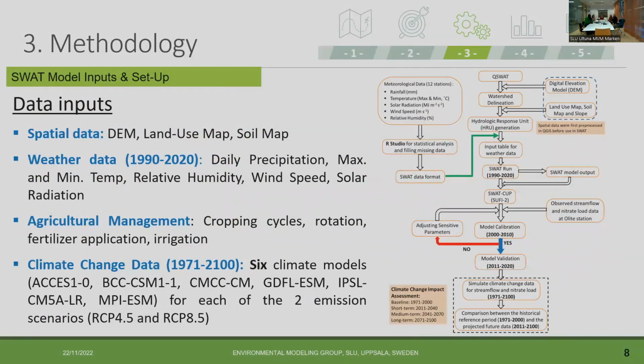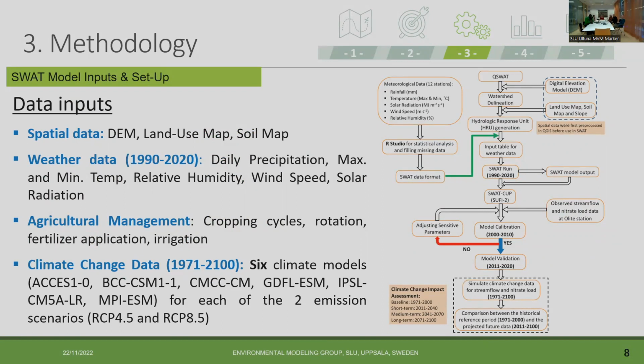And then for the climate change, I did two simulations. I did one simulation for the historical climate from 1971 to 2000, and then I did the future projection from 2011 up to 2100. My climate change analysis was divided into four main categories. I used the baseline, or the reference historical data, for comparing with the future projections.